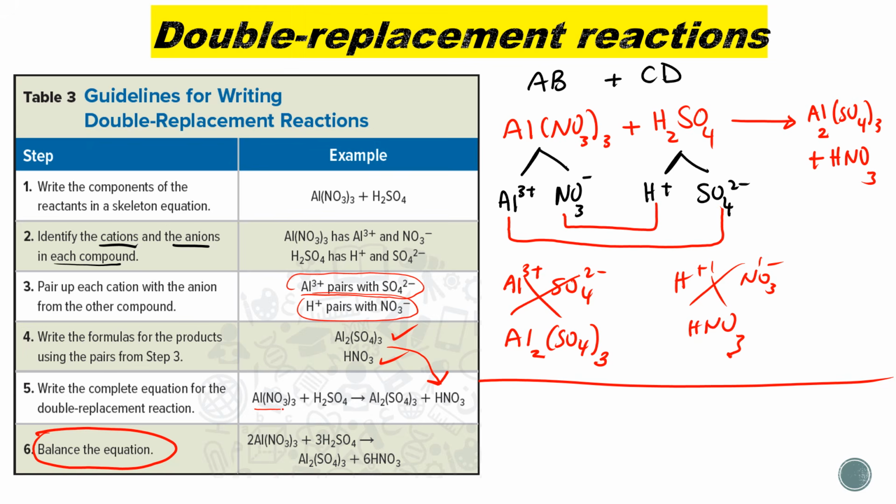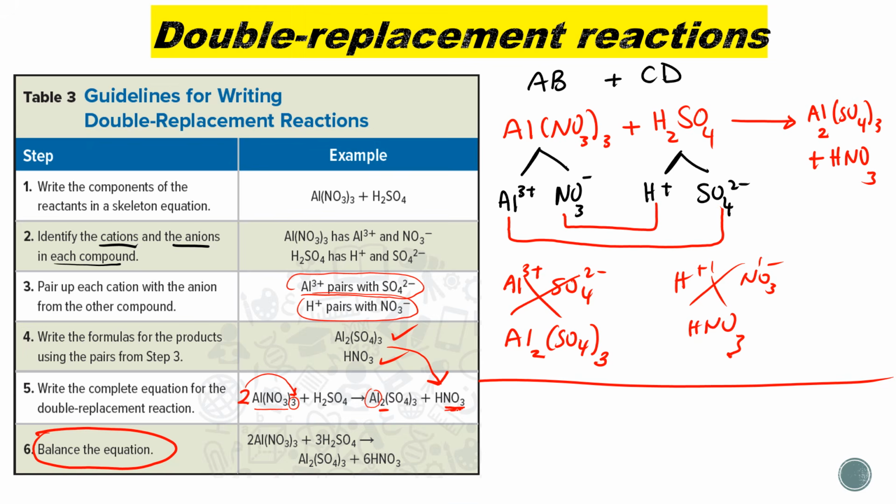Look here. The NO3 here, we have 3 of NO3, right? And here we have only 1. Don't worry about it. First of all, worry about the elements. Here we have 2 Al, so write 2 here. Now we have 6 NO3, right?